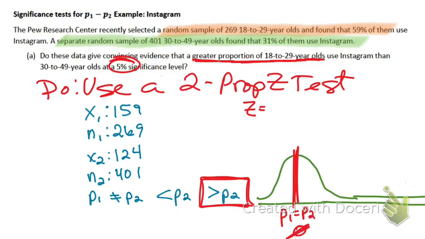But we took a sample from each of those populations, and we found their difference. How far away from them being the same is our sample? That would be our z-test statistic. How many standard units is our sample from being the same? 7.24 standard units. 1, 2, 3, 4, 5, 6, 7. Wow! That's how far away our sample difference is from being the same.